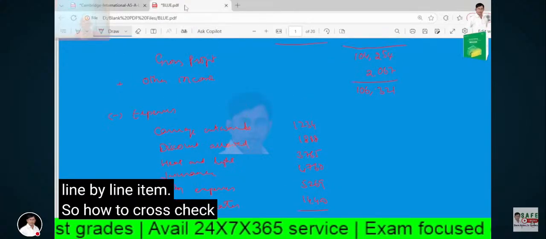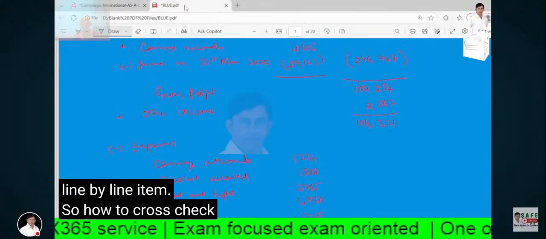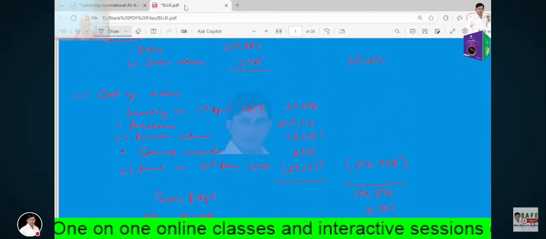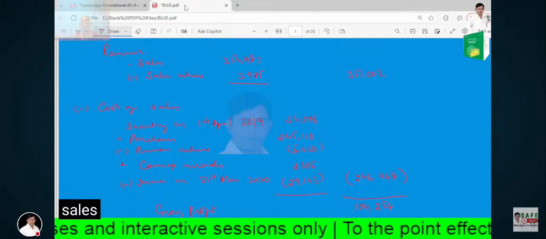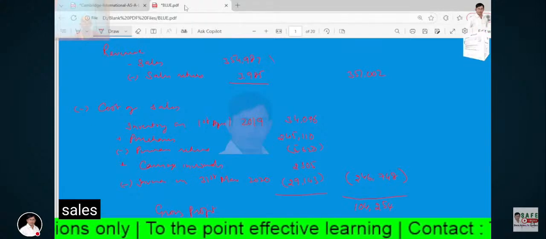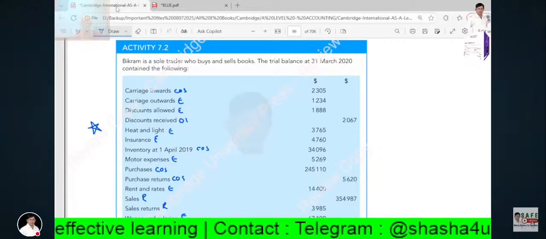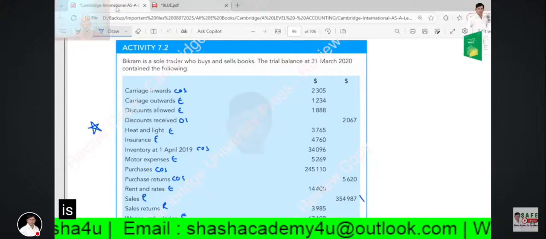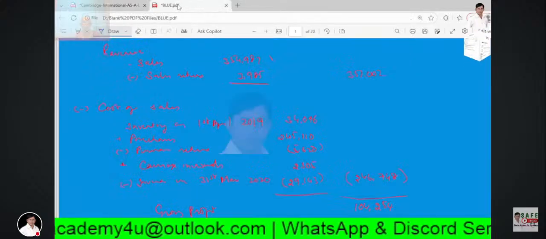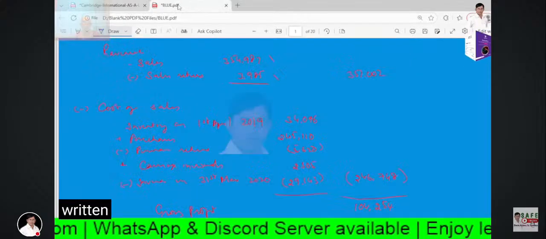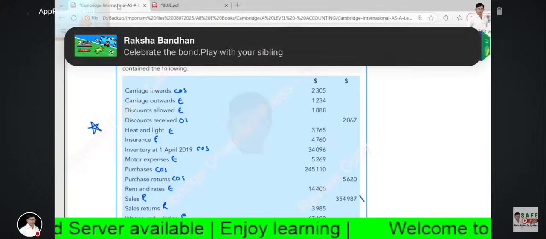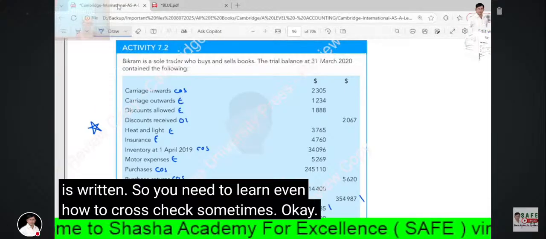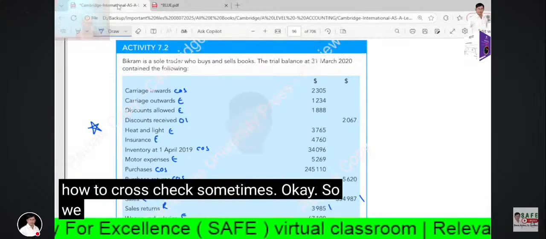So how to cross check? Sales, sales, is written. So you need to learn even how to cross check sometimes. Okay. So we have to cross check.